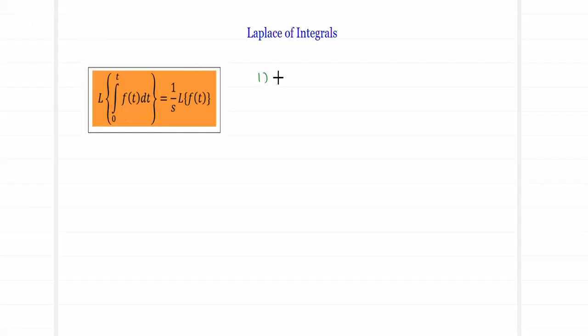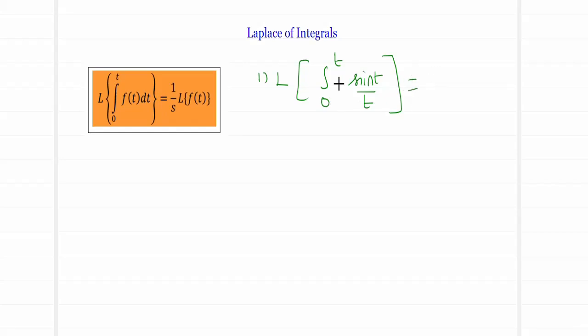Let me find what is going to be Laplace of integral from 0 to t of sin t divided by t. So what will happen now?